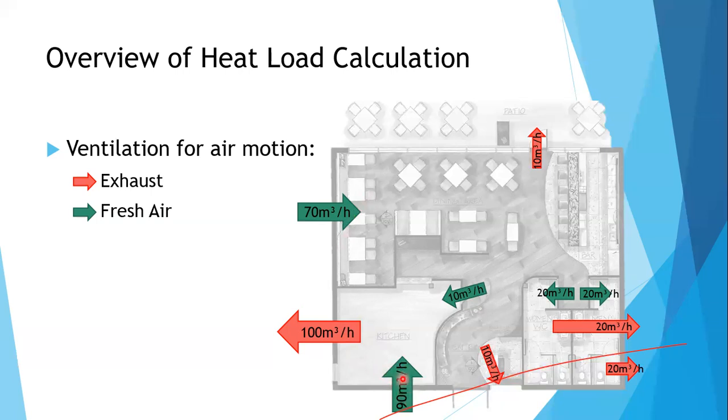So what will happen? Because of the difference, 100 to 90, some of the air will be passing through from the dining. This 100 cubic meter per hour will create a negative pressure. Because of this negative pressure, it will suck in air, and other air from the dining area will be pushed into the kitchen.